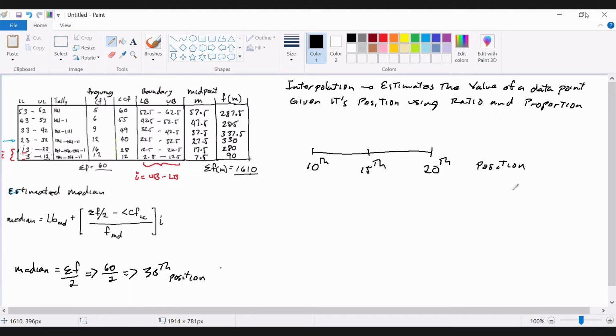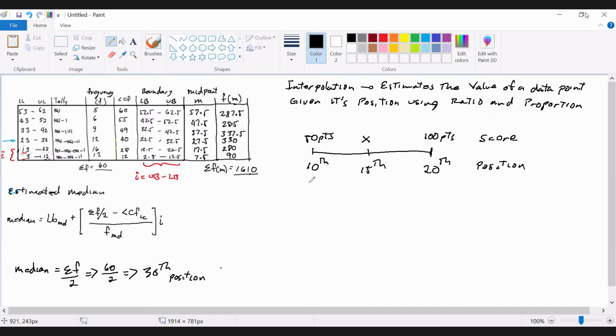And then let's say now that we are going to find the score of the 15th place between 50 points and 100 points. What's the 15th place?